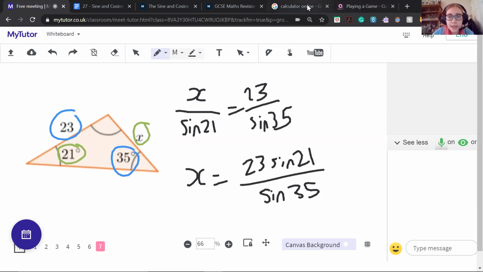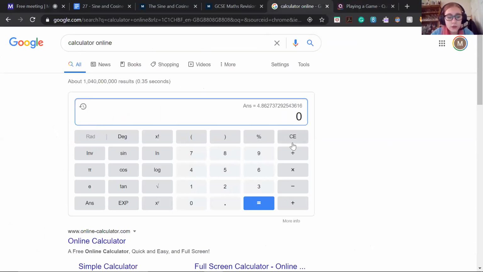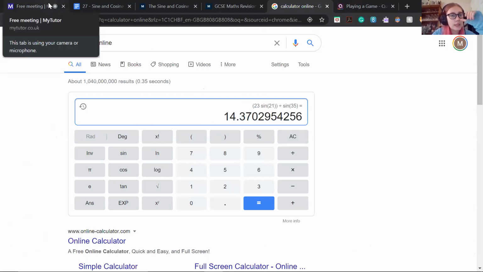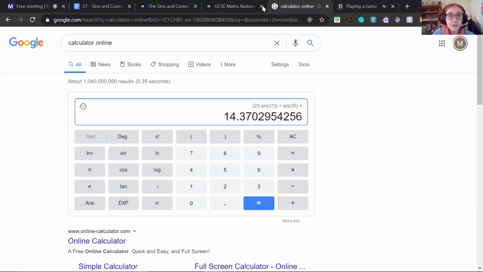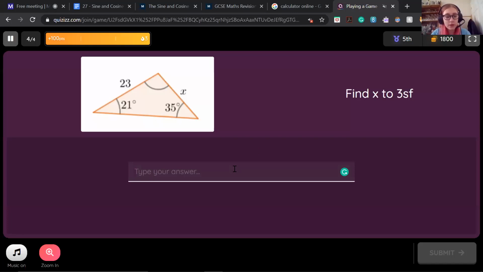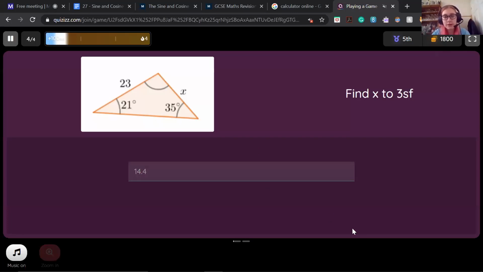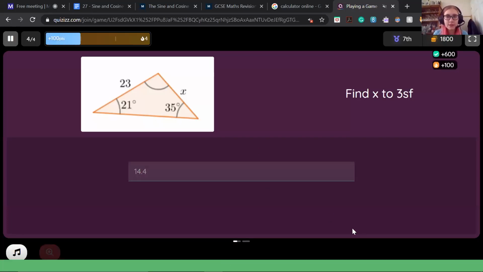So let's pop that in: 23 sine 21 over sine 35. So 14.37. To 3 significant figures, that's going to be 14.4. Submit that. Correct.